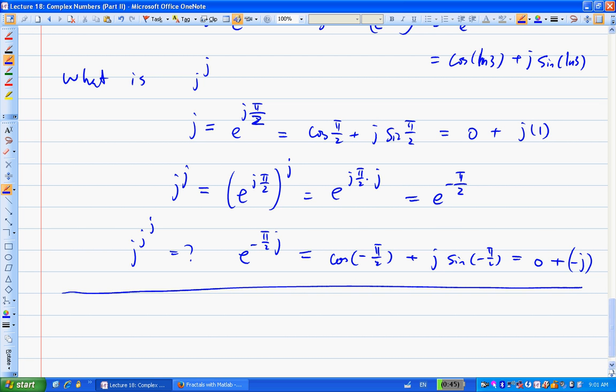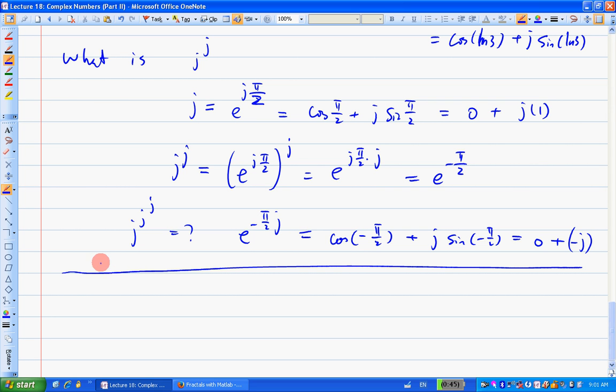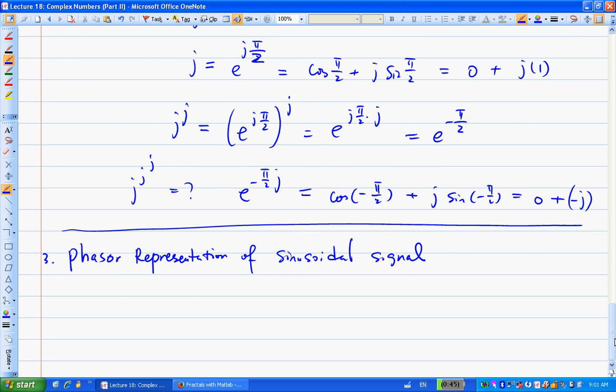Okay, so now let's move on. Now let's look at the phasor representation of a sinusoidal signal.